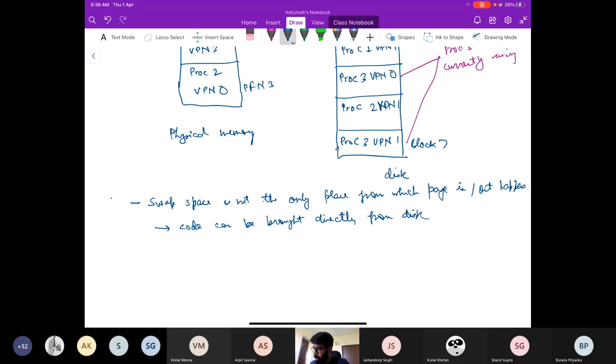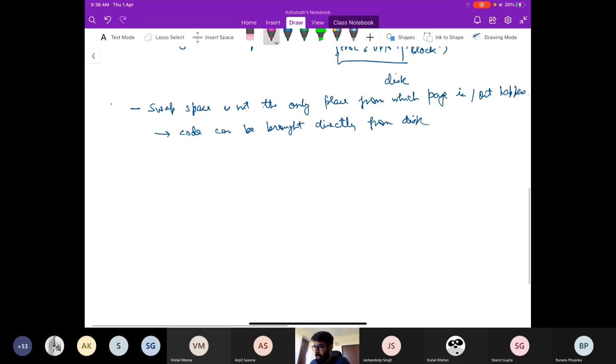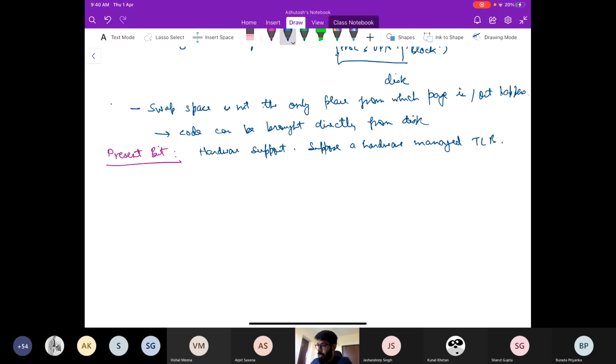Yeah. Now to support this, there is some hardware support needed, and it is in the form of the present bit. If you remember, we talked about it when we were talking about page table entries. So suppose we have a hardware managed TLB. Okay.